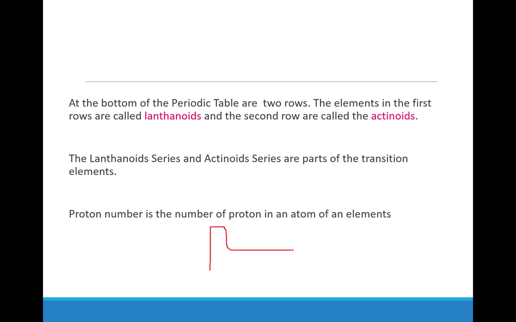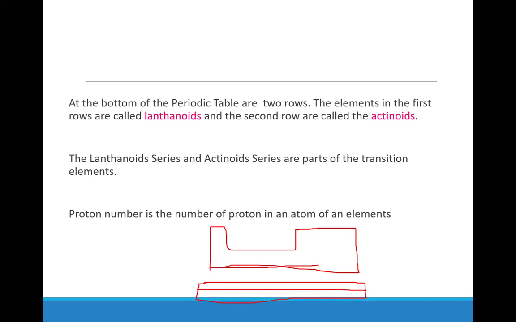This is the shape of the periodic table. This is the upper block of elements, and then you have another small block of elements at the very bottom, right? And these are very rare elements. The first row is known as the actinoids, and the second row is known as the lanthanoids. They're not really important at your stage.